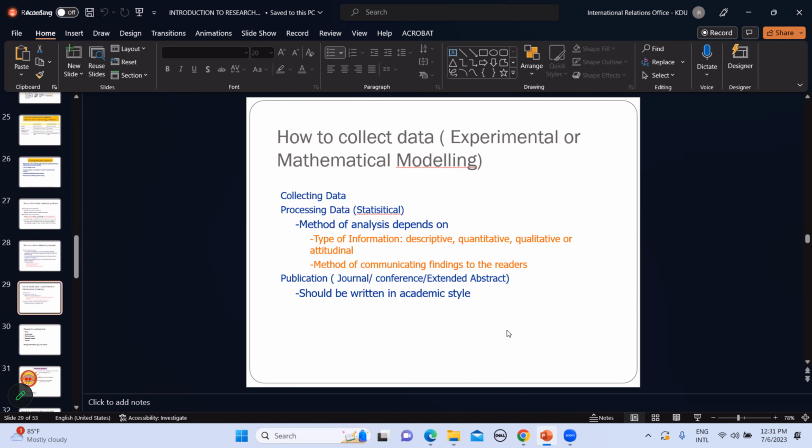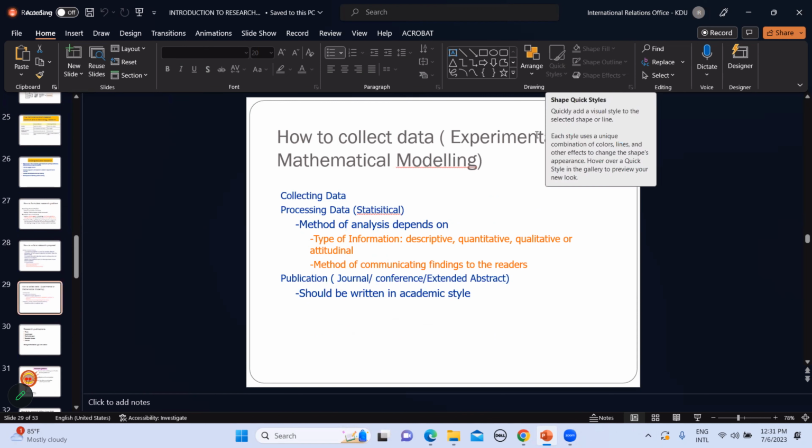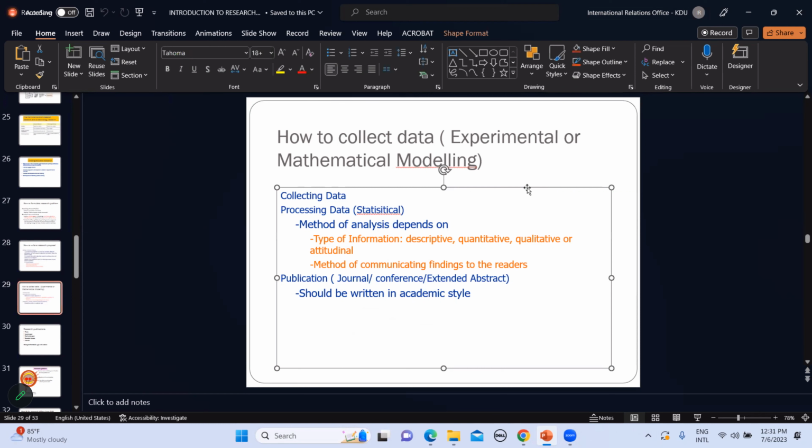And then how to collect the data. Actually, in your research, you must have data. You must have something, results. To get the results, you have to do either experimental work or mathematical programming. Actually, simulation, mathematical modeling and simulation, I think, is this ICT related thing, right?